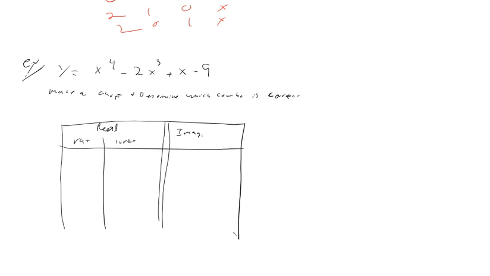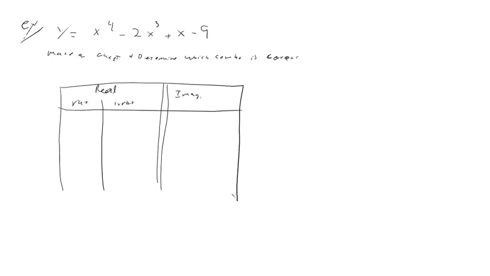What is the total number of roots that this chart has to equal? What is the degree of this equation? Degree is 4, right? So I need to make all these numbers equal a total of 4.